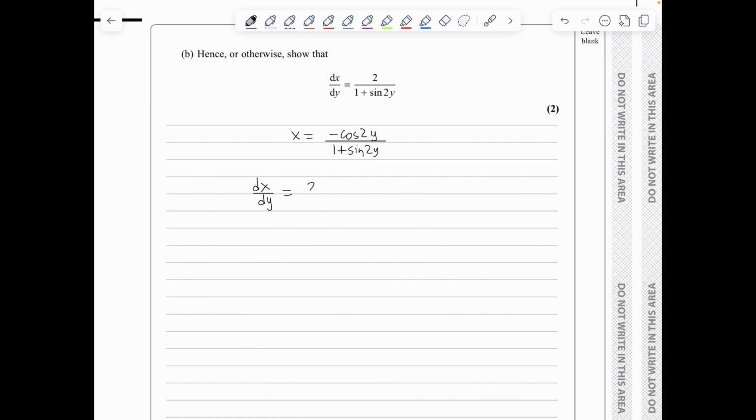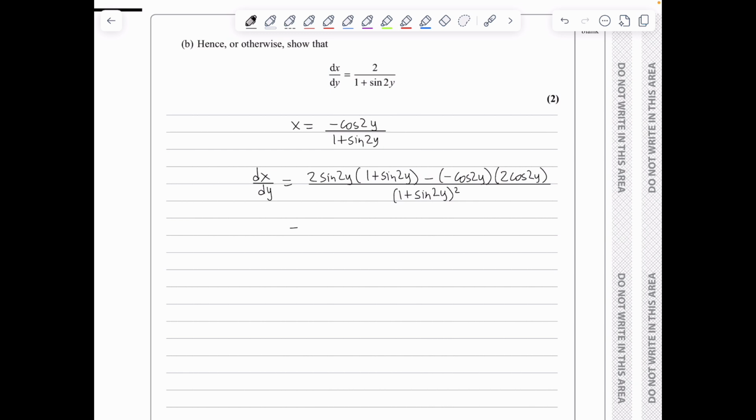So this is 2 sine 2y, and I keep the denominator of 1 plus sine 2y, minus I keep the numerator of minus cos 2y, and I differentiate the denominator, which gives a derivative of 2 cos 2y. So let me write this down, and it's everything over the original denominator squared, so 1 plus sine 2y squared.